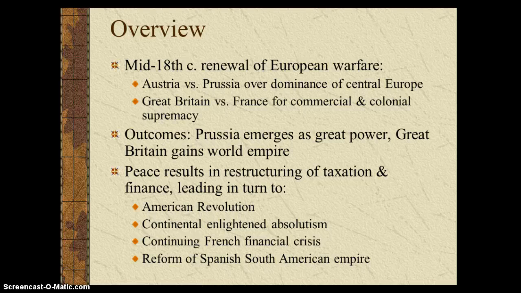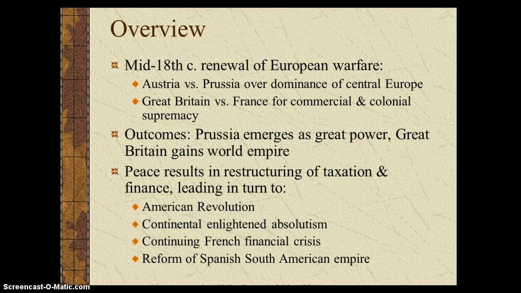Now, Prussia becomes a great empire because they are in Eastern Europe, Eastern Central Europe, and Great Britain expands its empire through colonialization. Peace results in restructuring of taxation and finance, leading in turn to the American Revolution.